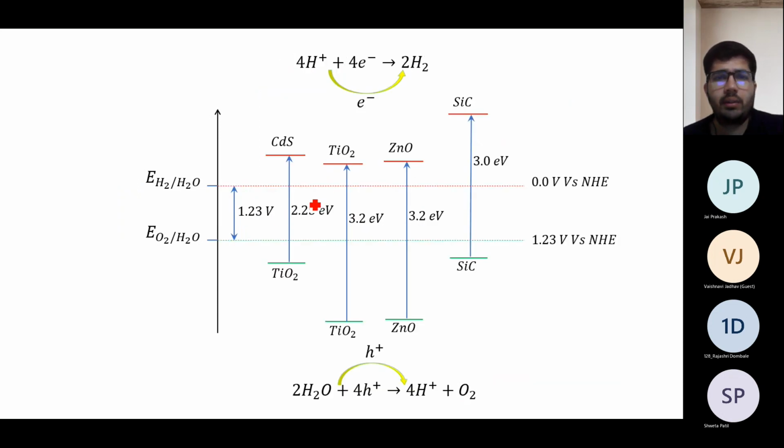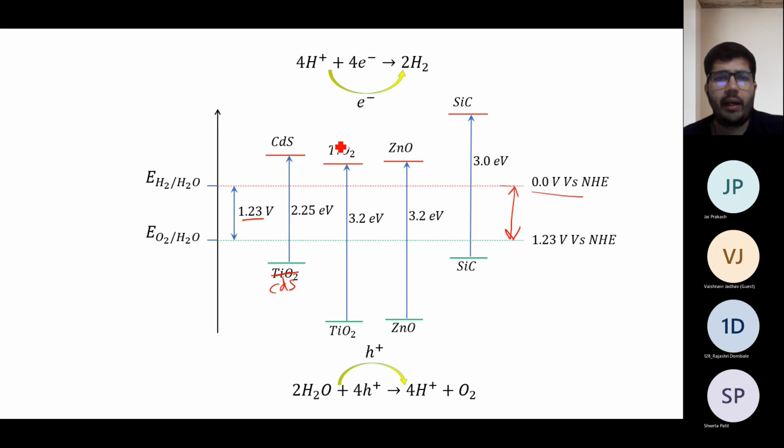Now let's see some other examples also. This is CdS. Okay, so here we can see some other materials also. So you can see the 1.23 volt, the required value. Okay, so with reference, this can be considered 0, and this is 1.23 volt. So this amount of voltage is required.